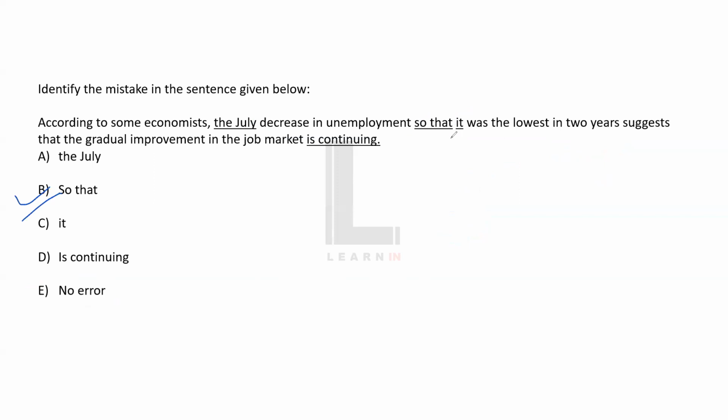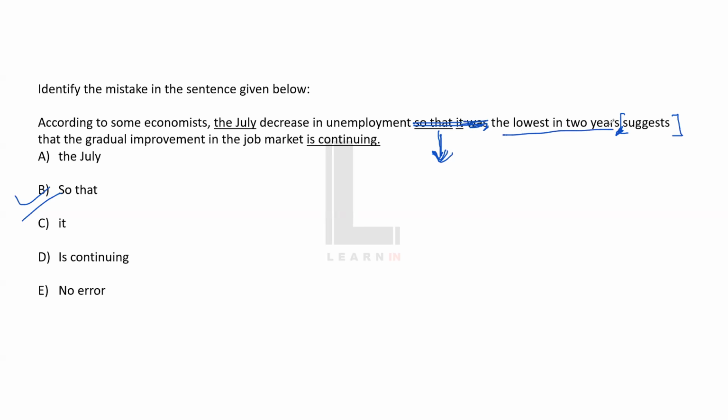Now, what can we put if we want to replace so that? July decrease in unemployment, so that it was the lowest. We can remove both of this. The July decrease in was the lowest in 2 years. Something suggests. So we have to add something here.